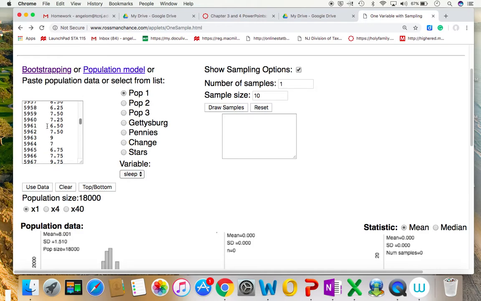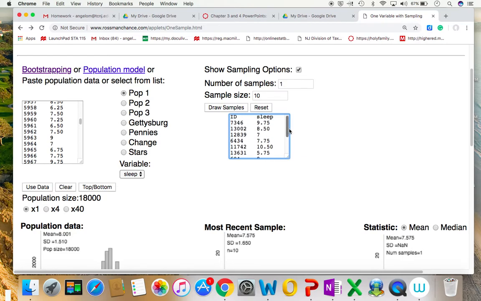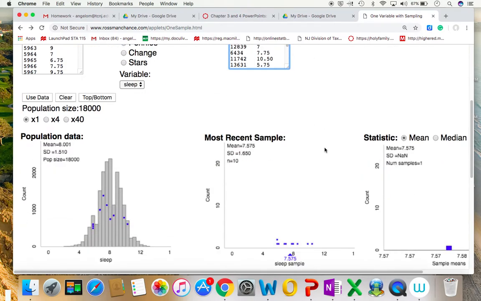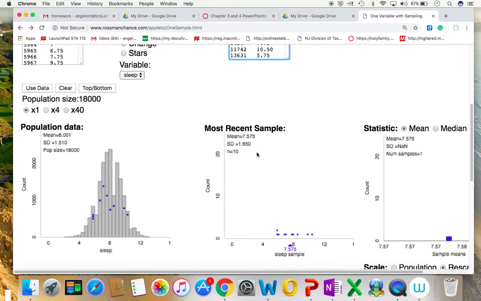So we're randomly going to select 10 people out of 18,000. We'll click on Draw Samples, and this lists all the 10 different people that we selected, and their average sleep per night. And then you're going to see a couple visuals down here. The first one lists out every single person by a dot, and the amount of hours of sleep they got per night.